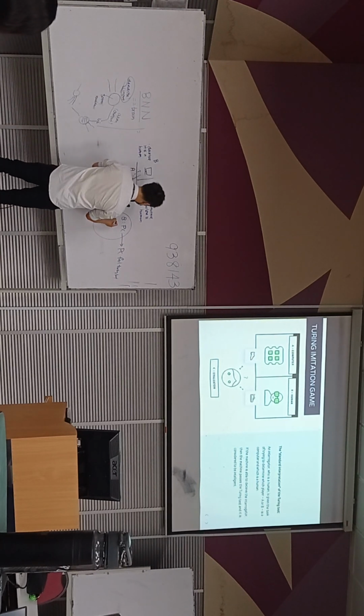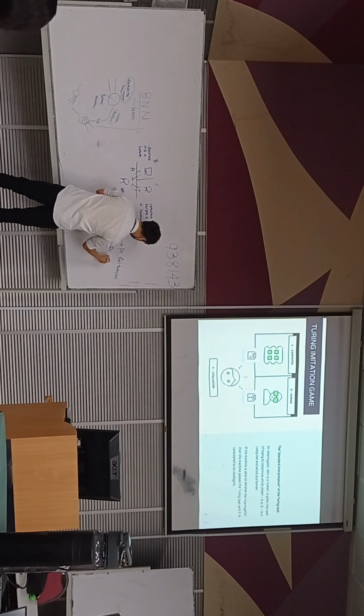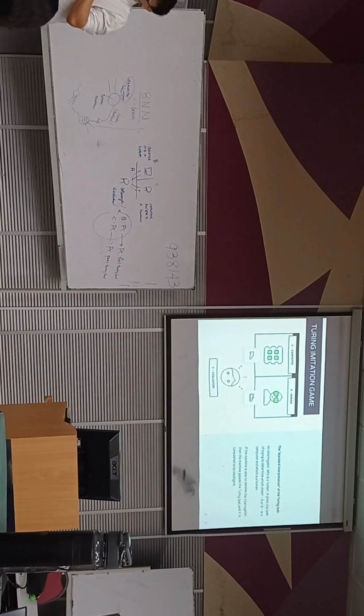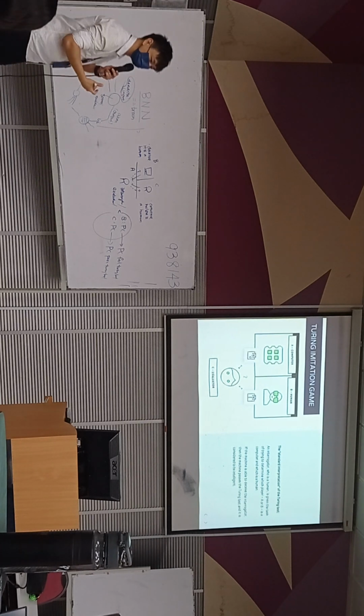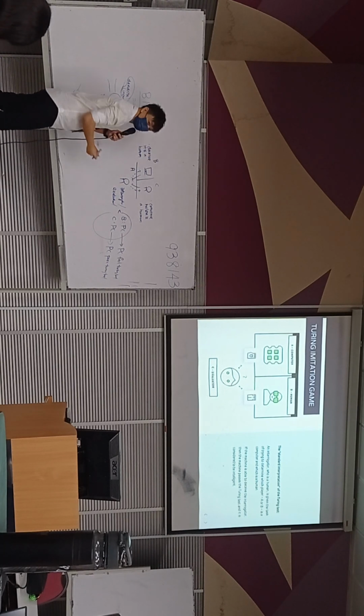Okay, if it says that C is a PC, then we say that the PC passed the Turing test, because the PC is very smart and is able to behave like a human. It tricks the interrogator, making the interrogator feel that I'm talking to a human. Okay, so that is the idea of the Turing test.